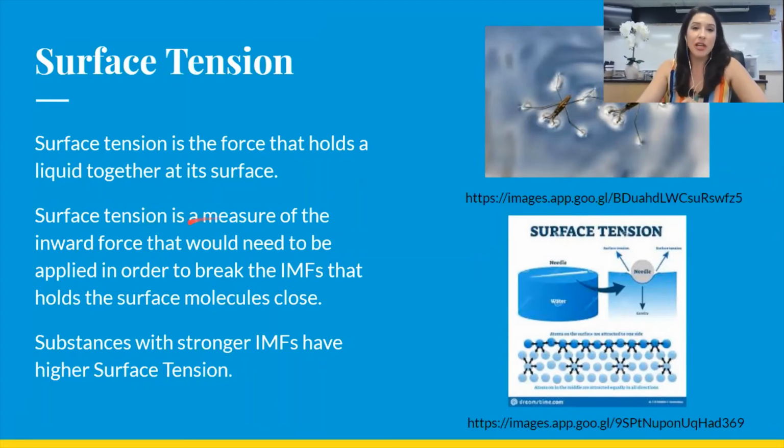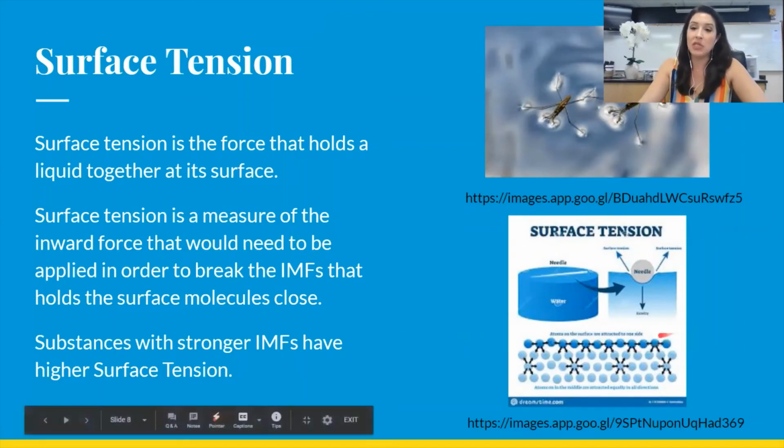So surface tension is a measure of the inward force that would need to be applied in order to break the IMFs that hold surface molecules close together. As you can imagine, molecules with higher intermolecular forces acting upon them, like dipole-dipole interactions and H bonding, are going to have much higher surface tensions. And so here's a little visual. You can see what's going on.